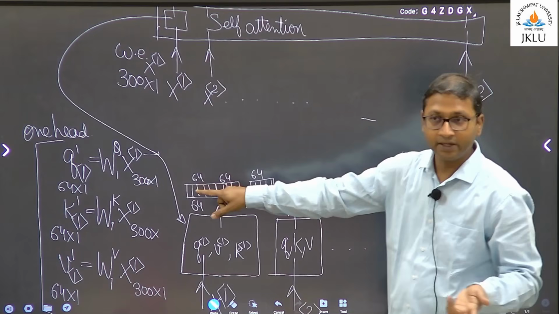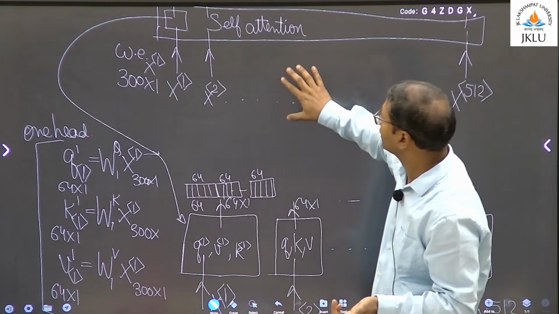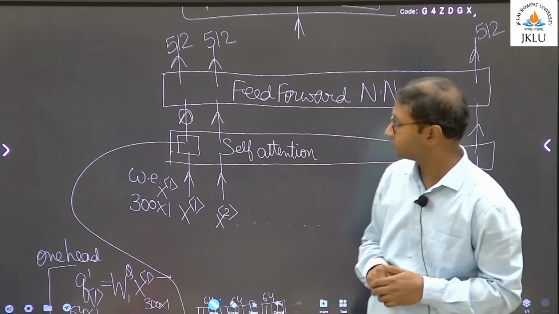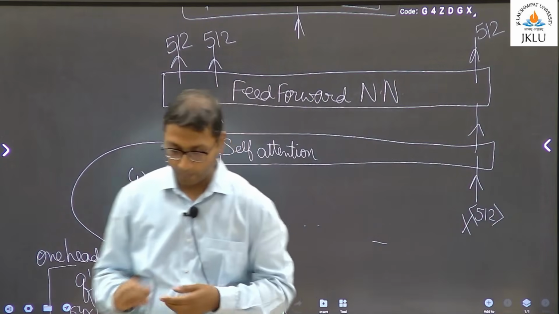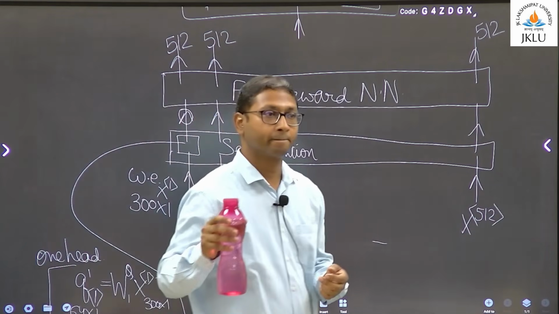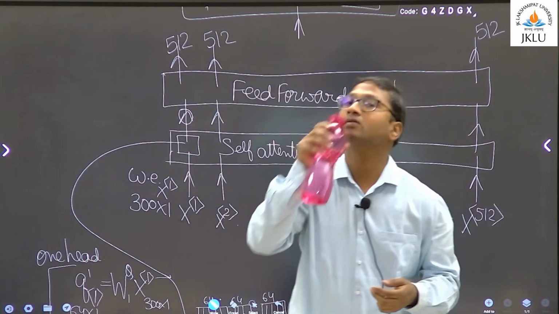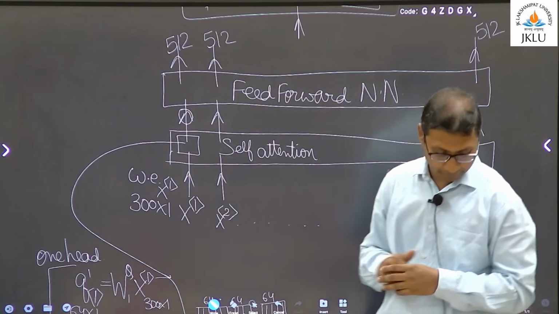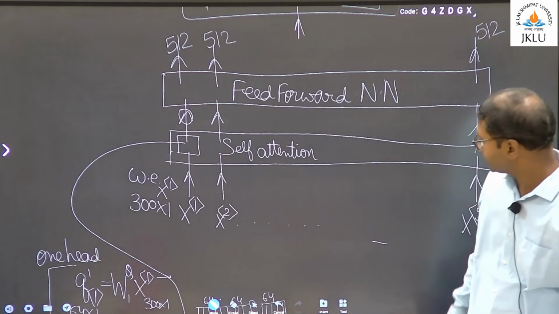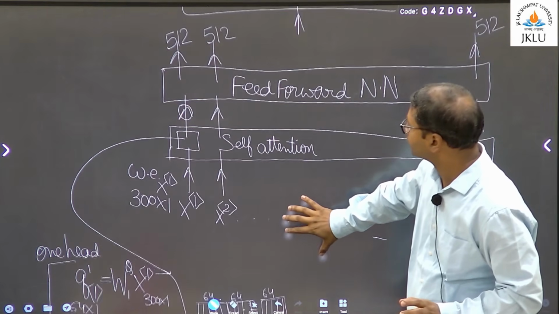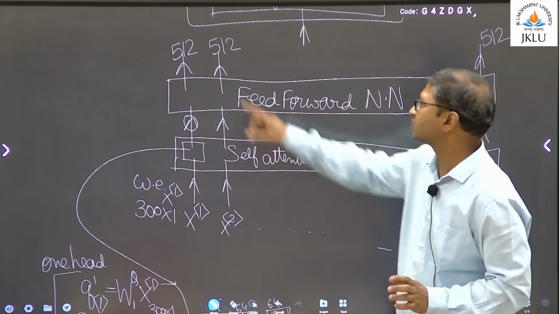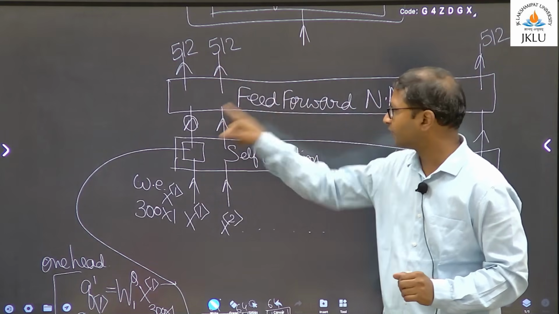So 512 again, what will this do? This is 512 output, 512 input.